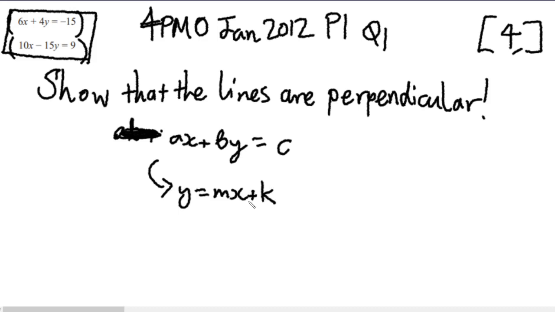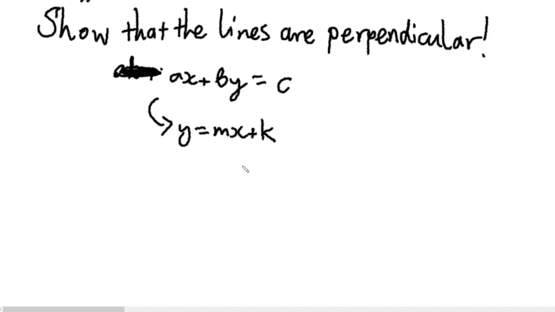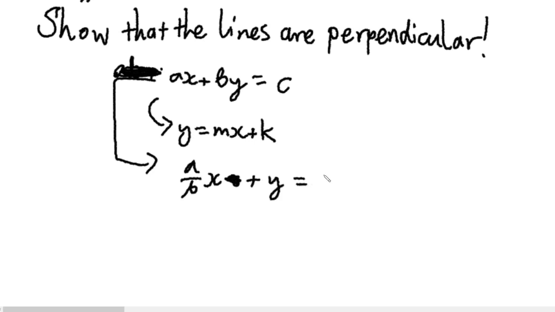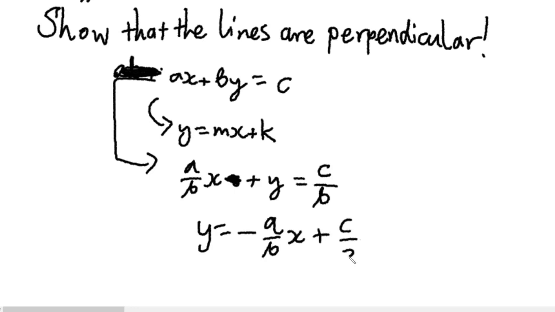Usually it's mx plus c, but I'm using k to make sure we don't get mixed up. And so to get here, you'd want to first divide both sides of the equation by b, so that a over b x plus y is equal to c over b, or y is equal to minus a over b x plus c over b.